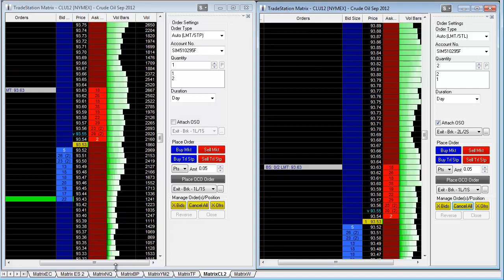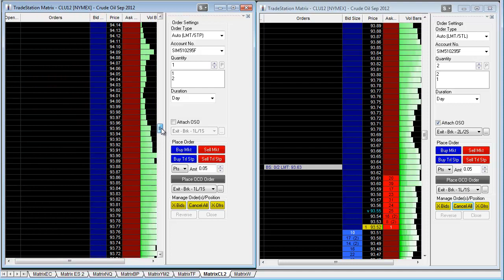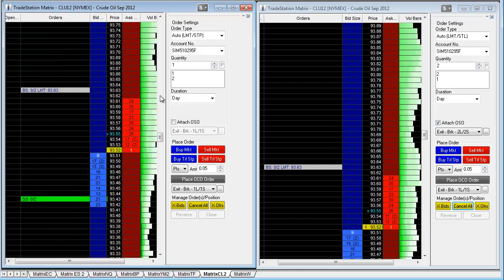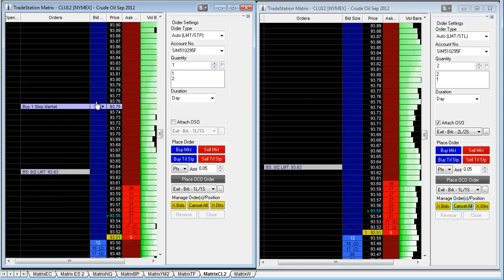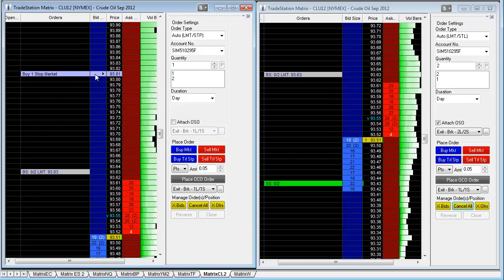Well, you'll notice that it also canceled on the other matrix because both matrices are basically identical. It shows the same order on both sides. So if I want to place my target again, all I have to do is wait for that to fill. Pretending I'm filled, I would just go ahead and place the order right here, just by clicking on it. It's just going to be a market order.